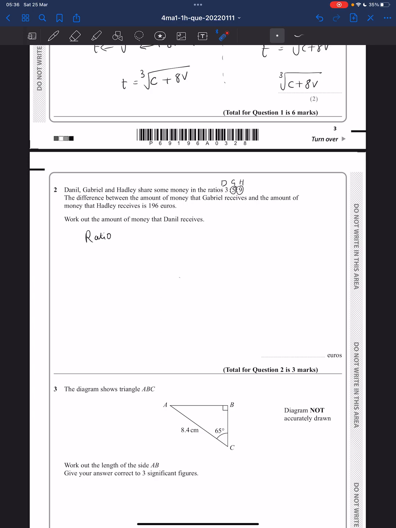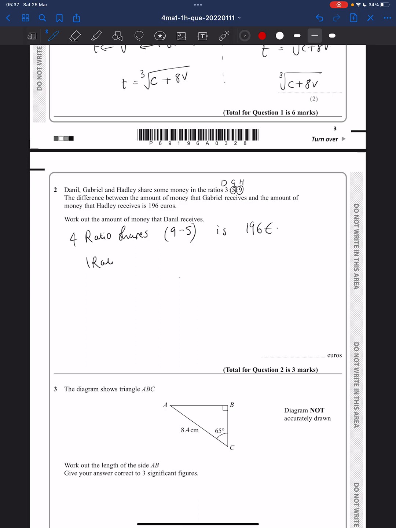So we can say the difference here, 4 ratio shares, if you like. 4 ratio shares, because that's 9 take away 5, is €196.